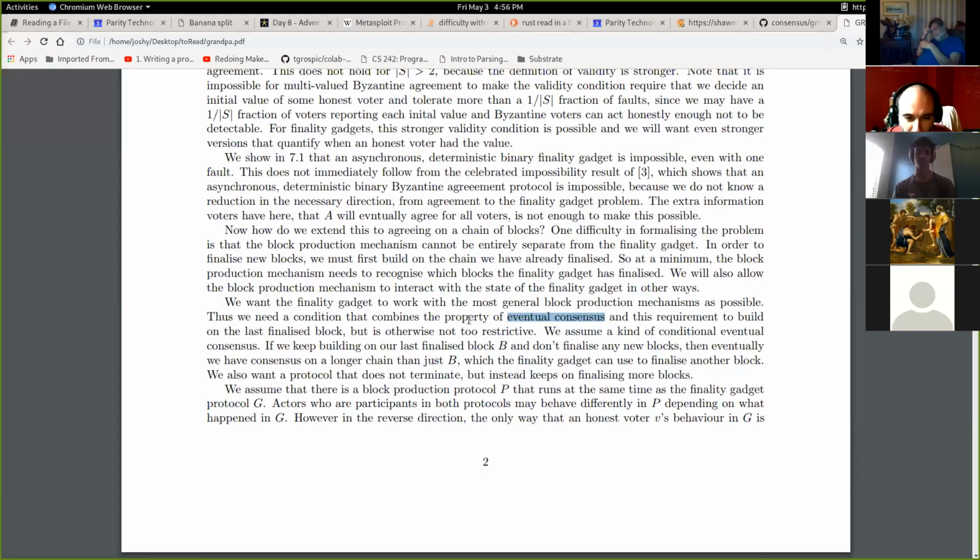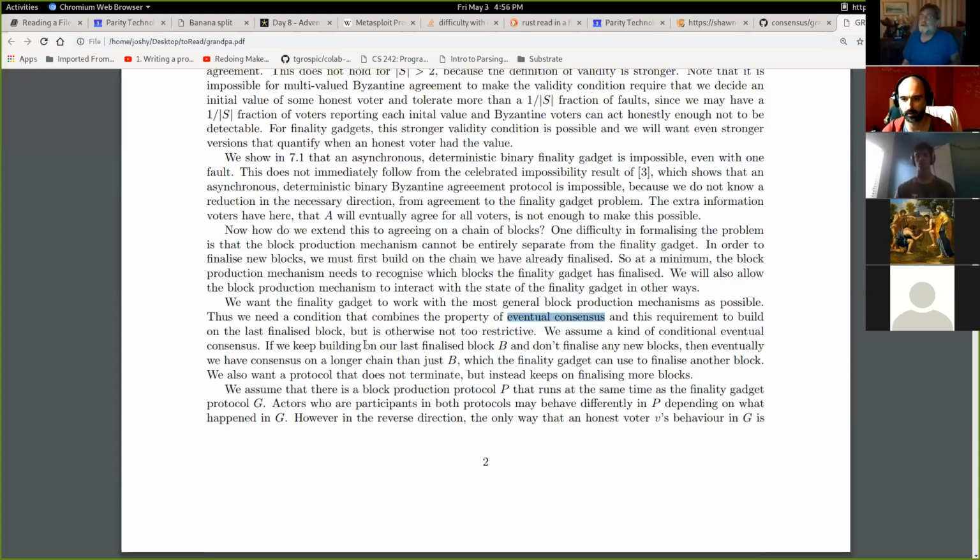I have a question about this building on finalized block. You want to build before you know this block is finalized, because if you must wait for confirmation that this block is final, you will be building only one chain, not a DAG.